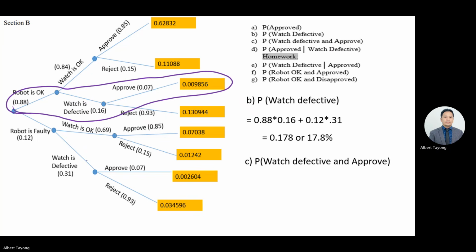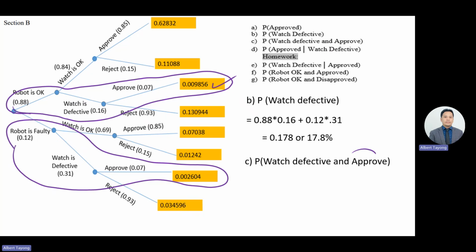This, approve is towards the end, so we can get the value, and this one. So that is 0.009856, and the second one, 0.002604. Adding these, the value times 100 is 1.246%.